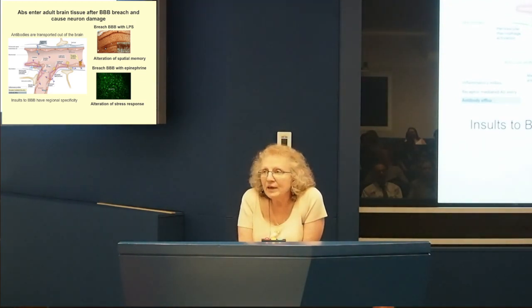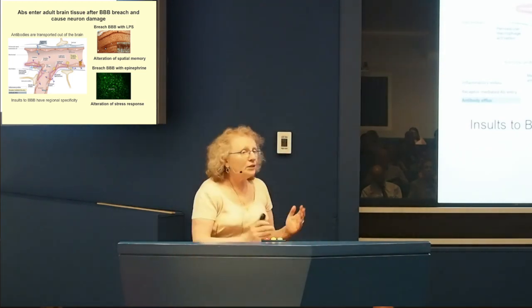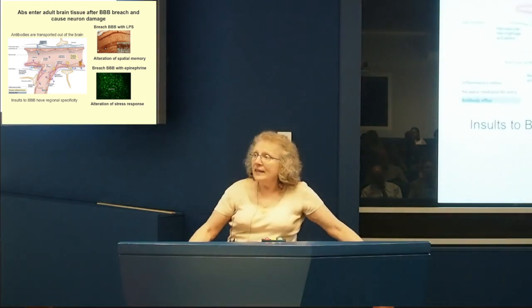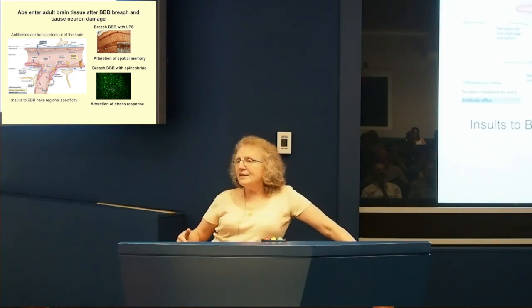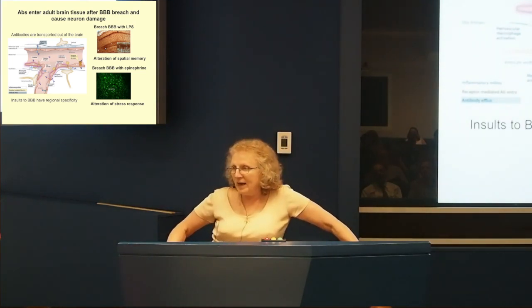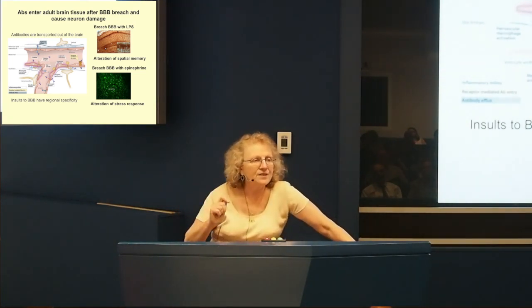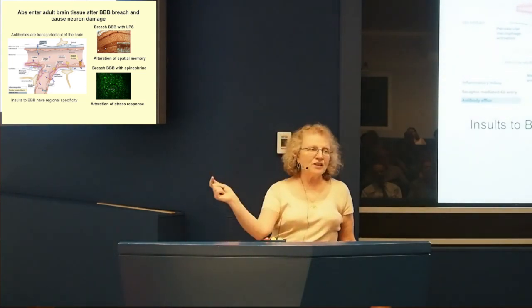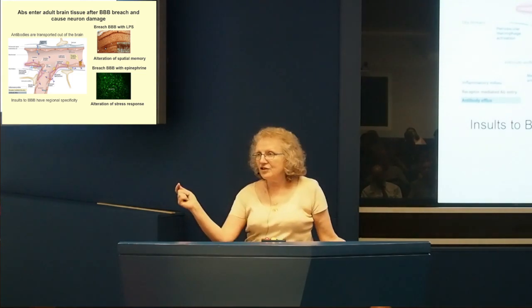What the blood-brain barrier does is protect brain tissue from substances in the circulation, including antibodies. And I might even say especially antibodies, because on vascular endothelial cells throughout the body, there is a receptor for immunoglobulin called FcRn that actually transports immunoglobulin from the bloodstream into tissue.